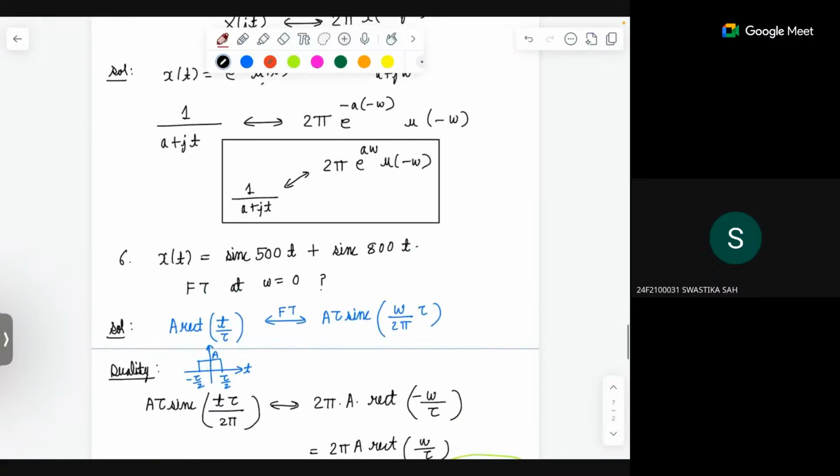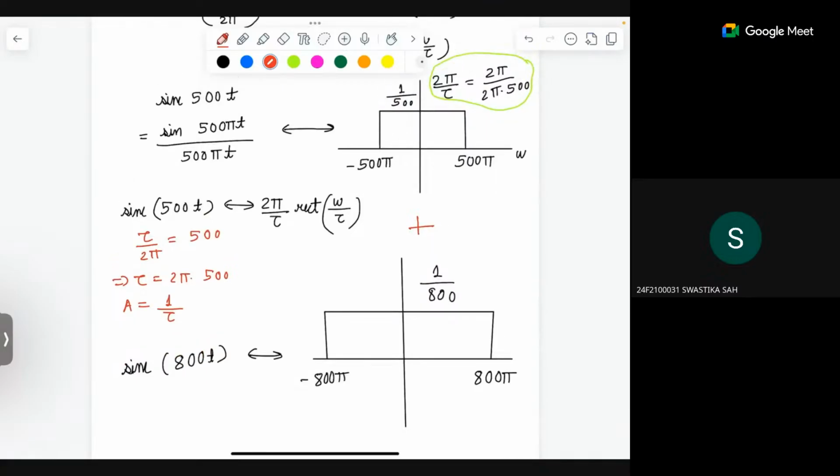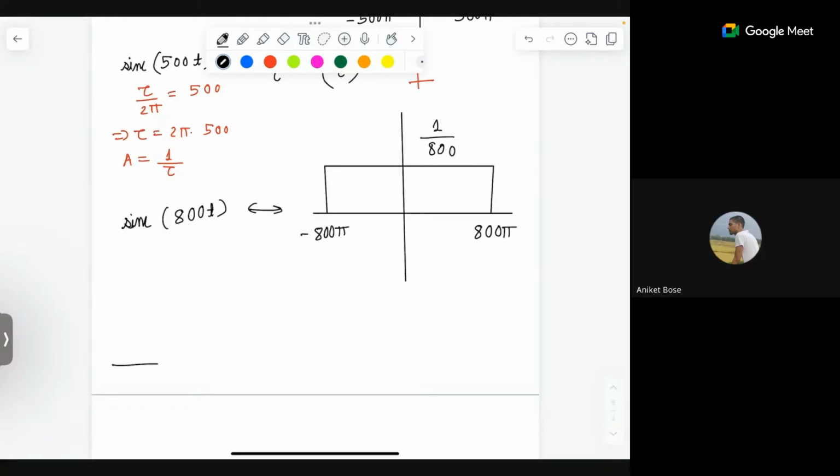Now x(t) was equal to the addition of these two. So in Fourier transform, by property of linearity, it will be the addition of these two waveforms, right? Is this clear? Yes, ma'am. Now when we add, let us see what waveform we finally get for x(t).